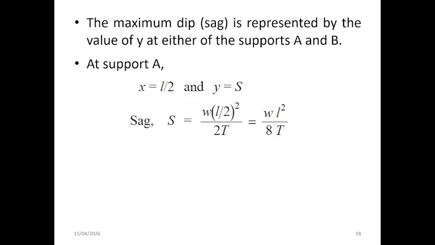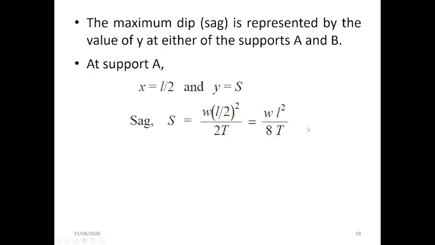The key idea is that the maximum sag occurs at the midpoint between the two supports labeled A and B. At this location, the horizontal distance x is equal to L divided by 2, and the vertical displacement reaches its maximum value, denoted by S. By applying the governing relationship for the cable profile under tension, the sag is derived as S is equal to this value, which simplifies to this equation.